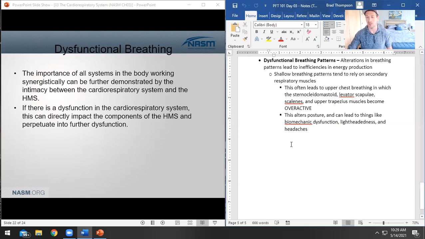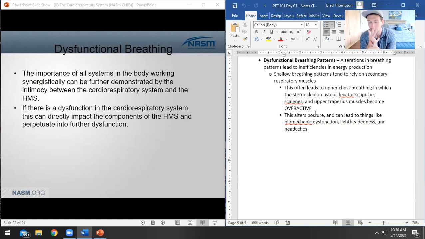So what you're often going to do is this will lead to upper chest breathing, which activates the SCM, levator, scalenes, upper traps. All those muscles start to become overactive. So you start to become a breather like this. And that leads to tension headaches. It leads to shoulder dysfunction.